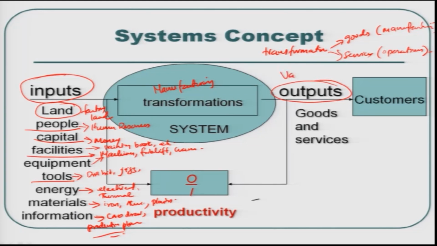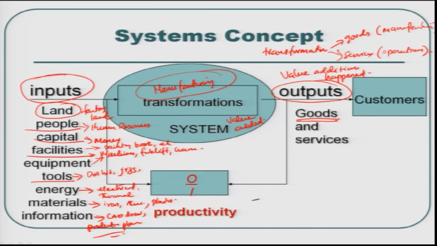Some value addition happens. Where does the value addition happen? The value gets added here. The transformation process, or the manufacturing process, does the value addition. So you get the form of goods and services.